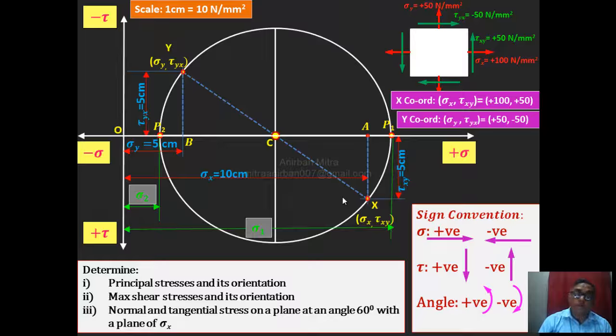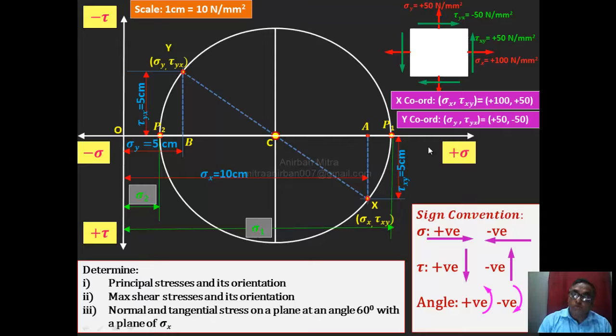Now the second part of the principal stresses is its orientations. Orientation means angle. For that angle you just remember one thing: this CX or XY line is representing our normal horizontal axis, that is called the horizontal plane or x plane, right? And this CP1 or P1P2 line is actually representing our principal plane.